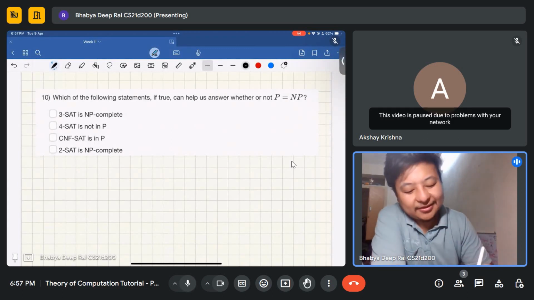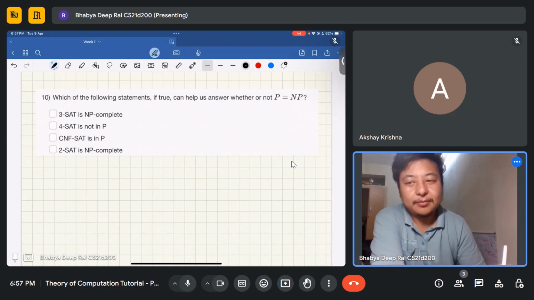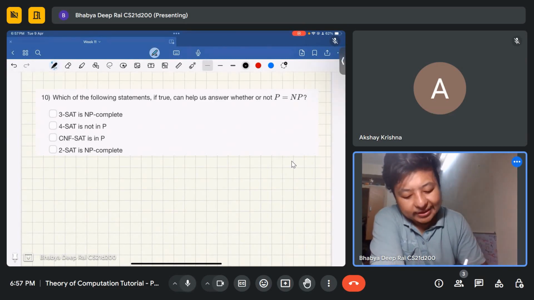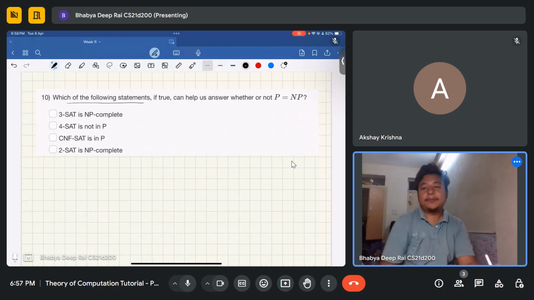So the question says, P equals NP is the question that we are trying to solve, right? And we want to explore what would help us in showing that P is equal to NP or P is not equal to NP. Which of the following statements, if true, can help us answer whether P is equal to NP?